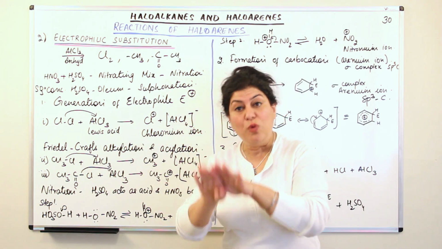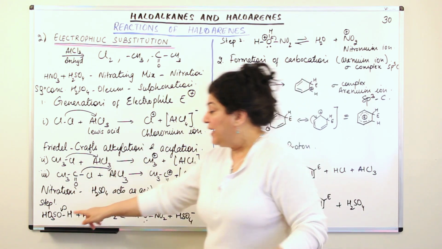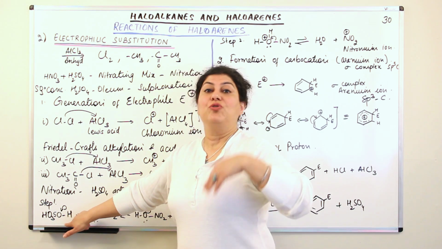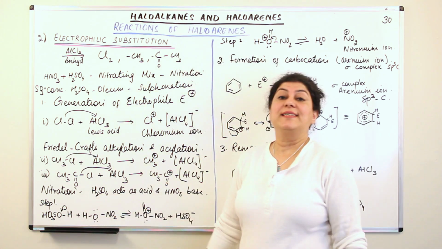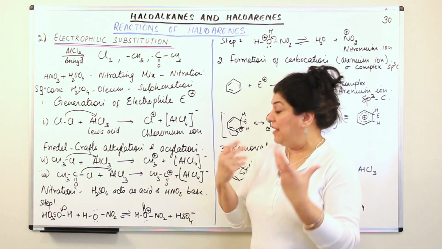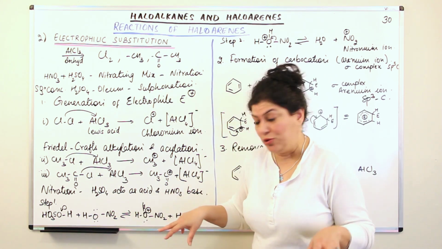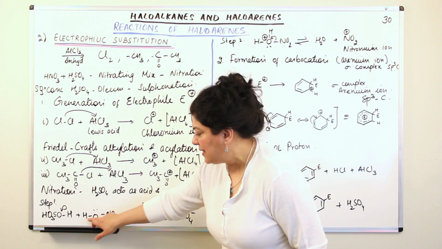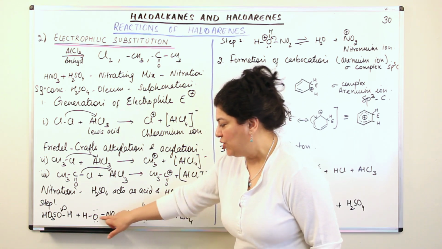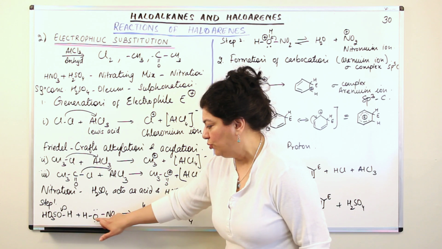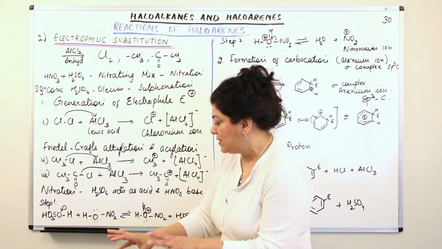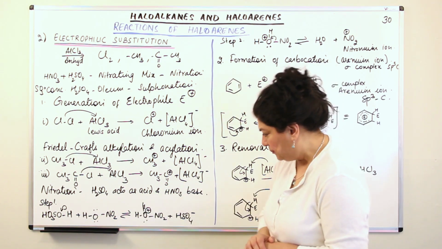Therefore, when you make the two of them react together, sulfuric acid acts as an acid and therefore it donates the proton, while nitric acid has to accept that proton and therefore it acts as a base. So when nitric acid accepts the proton, what is nitric acid? Again, it has an OH and NO2, HNO3. One oxygen is written here to make you understand how the bonds work.